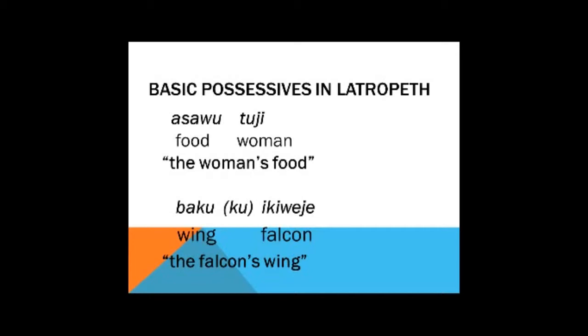In Latropeth, it's going to be food, cat. So asawotoyi, the woman's food. And in the second example, baku kuiki weye, wing, I've incorporated the preposition ku prior to the noun representing the possessor, as that preposition is often incorporated in these expressions.